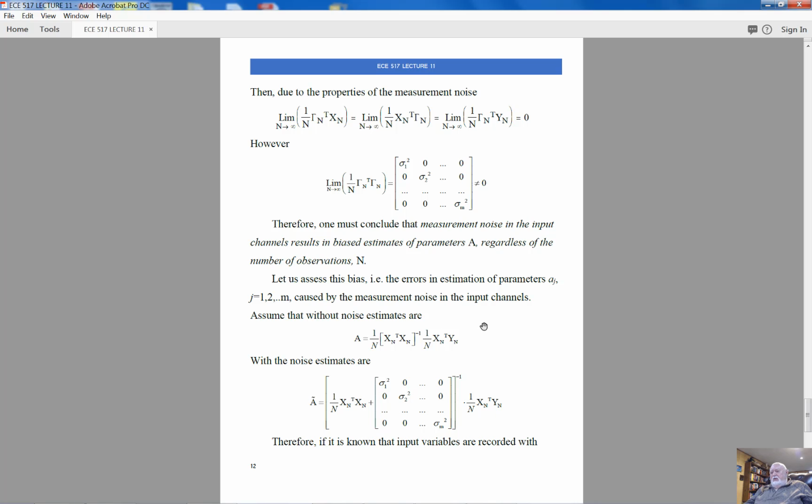What will happen if you have noise? You looked at the analysis that I presented earlier. In the case of noise, we will get estimates A tilde equal to 1 over n xn transpose xn plus this matrix that does not disappear. Then, of course, we have to invert it. Then we have to multiply it by x transpose times y. But this term will cause the bias.